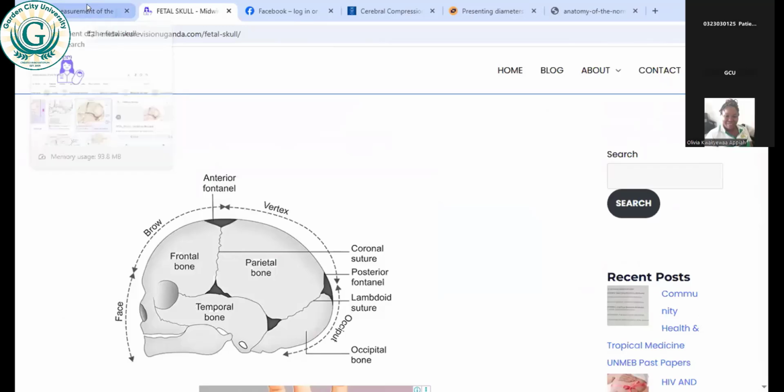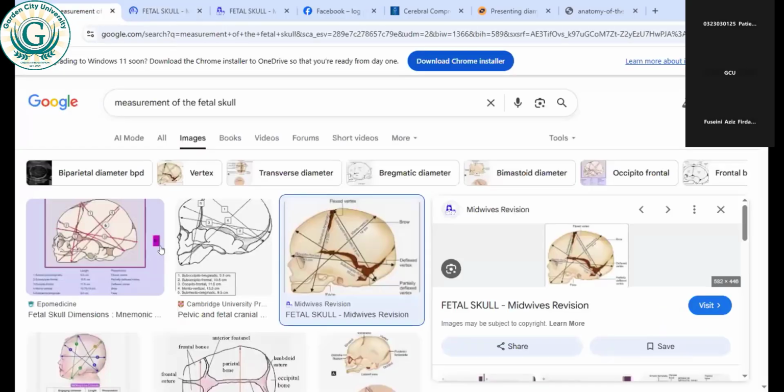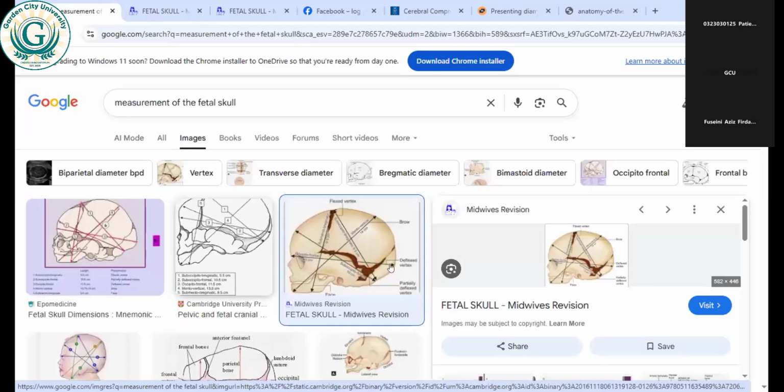The only one that you measure directly is the transverse diameter. That one you measure from one point to the other, on the head. But when you're talking about the longitudinal, it is also from one point to the other, but from the sideways. It's not on top.